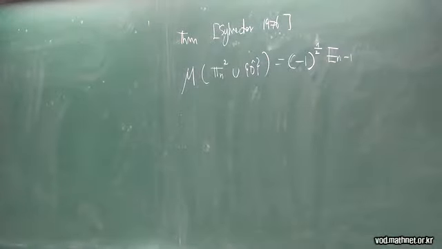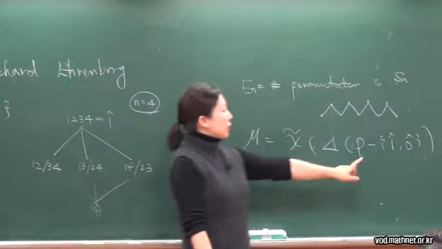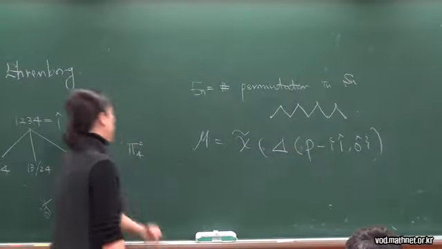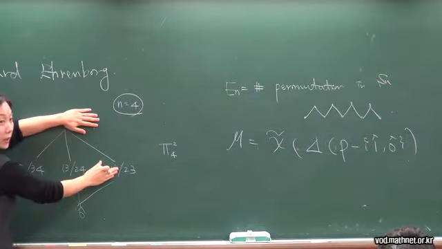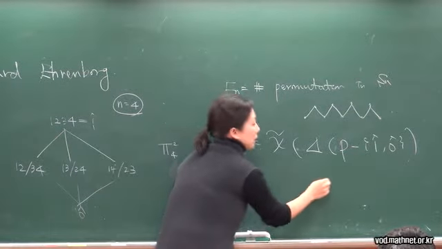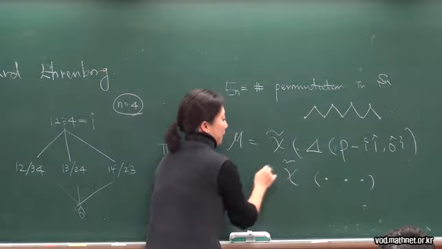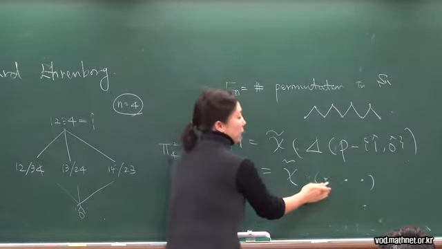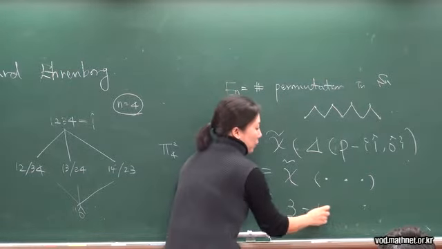Okay, so here, what is it in the case of n is 4? I will not use the maximum and the minimum, so don't think about this maximum and minimum. So you have only 3 elements, right? So the order complex is just 3 points without the maximum and the minimum. You have 3 elements, 3 points, and the reduced Euler characteristic is 2.